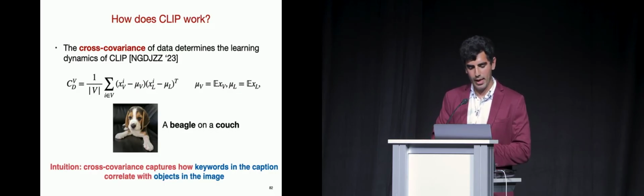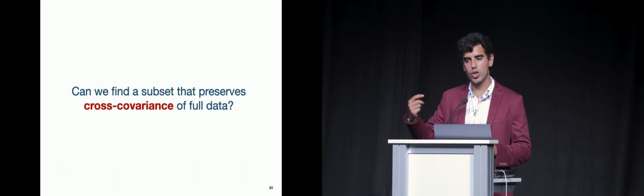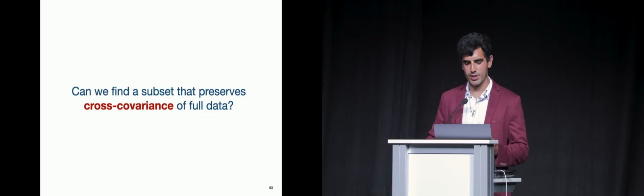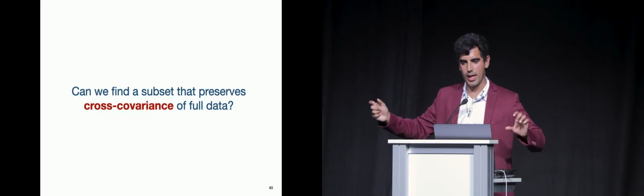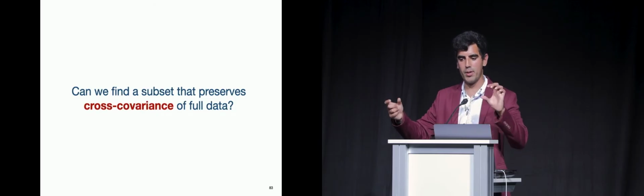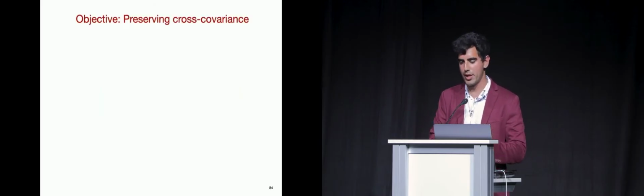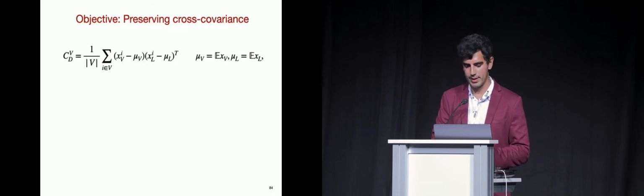The more often a keyword appears with a given object, the stronger the correlation will be, and vice versa. Here our image is a beagle sitting on a couch, and the keywords are beagle and couch. Both may appear often, but perhaps beagle with the beagle image will appear even more often, so there'll be a stronger correlation there. That's the intuition of what cross covariance is.